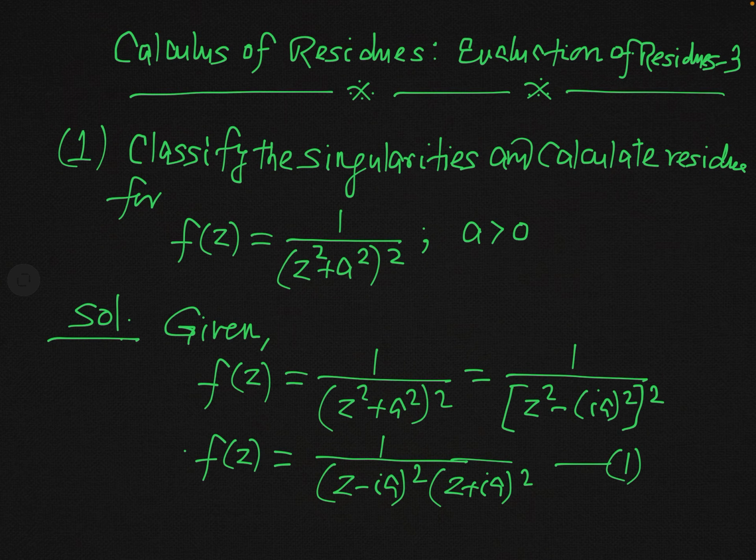And you know, for finding the poles of the function f of z, we equate the denominator of the given function to 0.